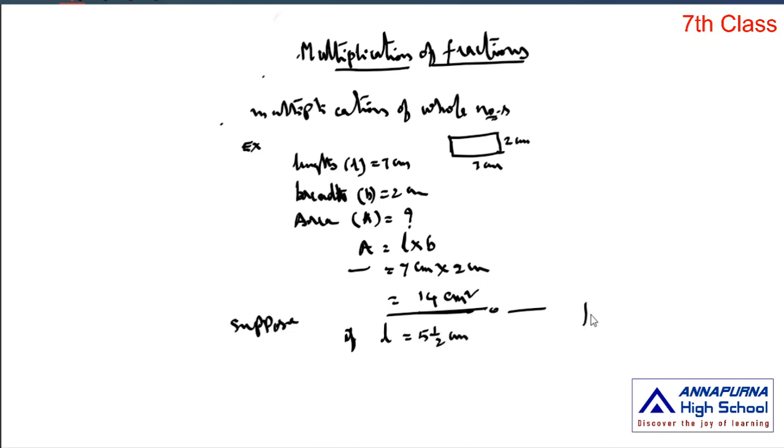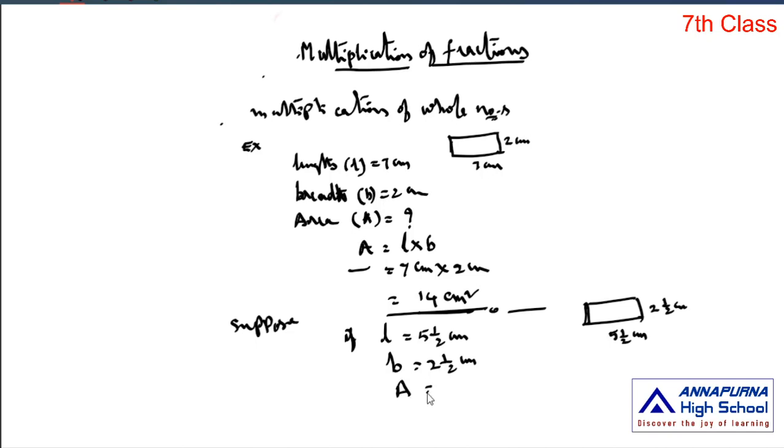Consider one more rectangle. If L is equal to 1 by 2 centimeters and breadth is equal to, tell me one more mixed fraction, 1 by 2 centimeters. So this is breadth 1 by 2 centimeters.